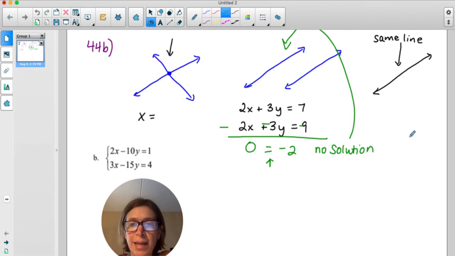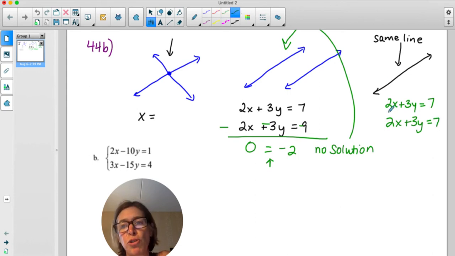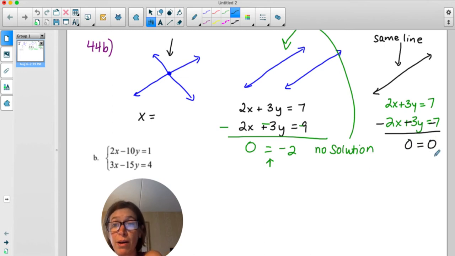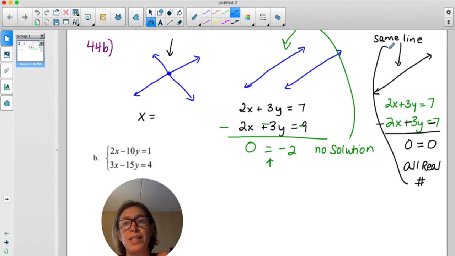If it were the same line and you solved it by using elimination, so you subtracted the equations, you would end up getting a true statement, 0 equals 0. That would tell me that all real numbers is the solution, which means all answers, which means that there's infinite solutions, so the same line, okay?